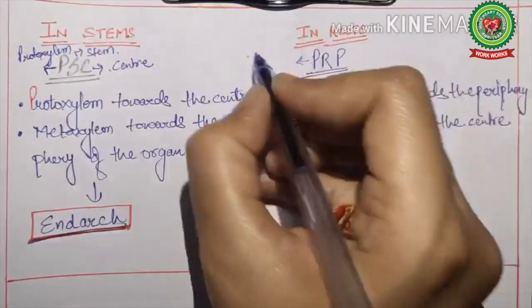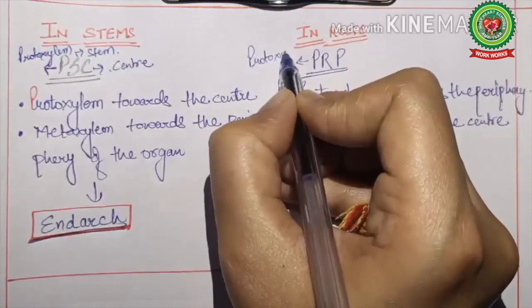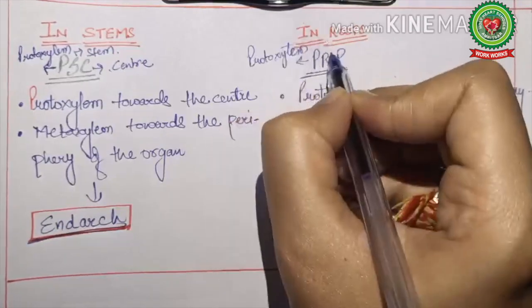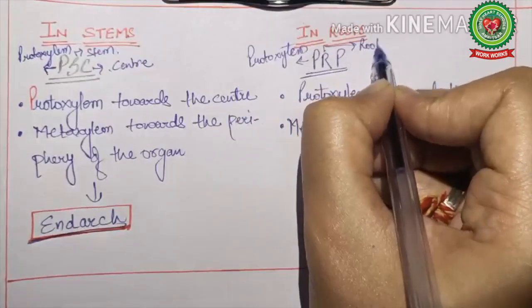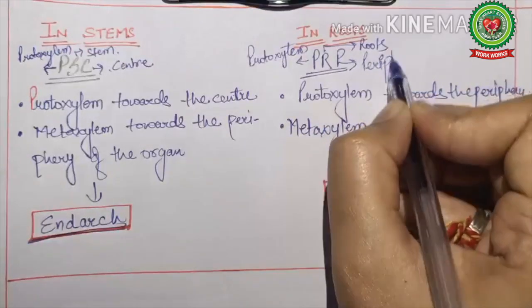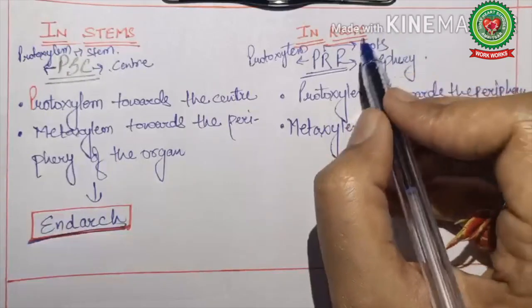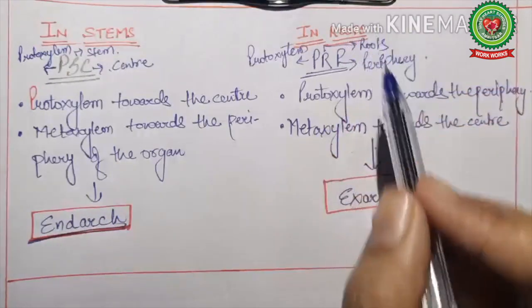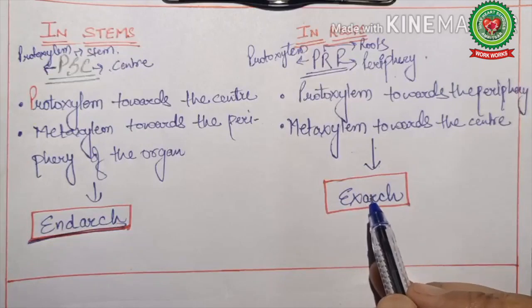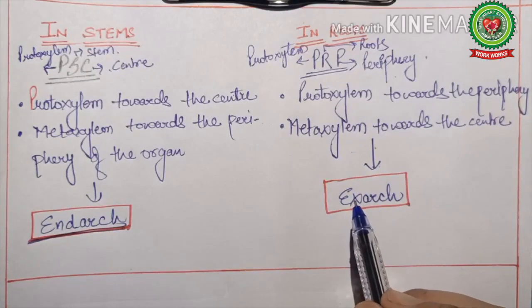P is protoxylem, R means roots, and P means periphery. So protoxylem is present towards the periphery in case of roots. In roots, arrangement of primary xylem is always exarch. So this is about xylem.